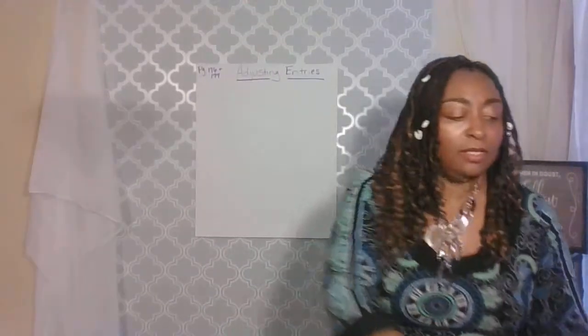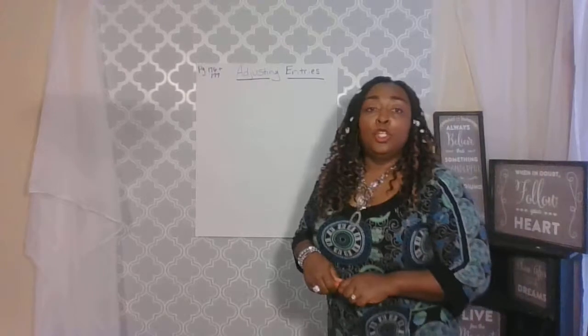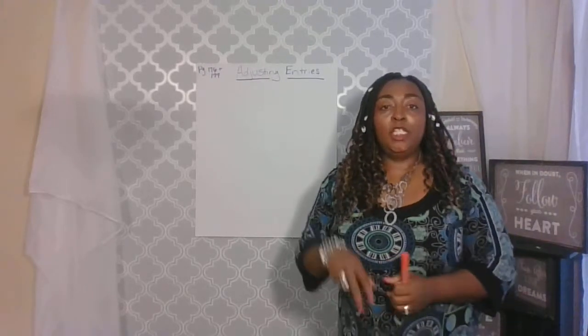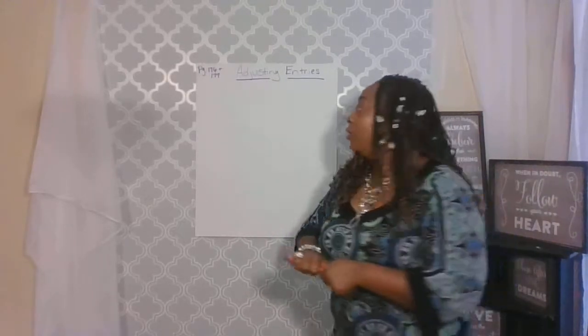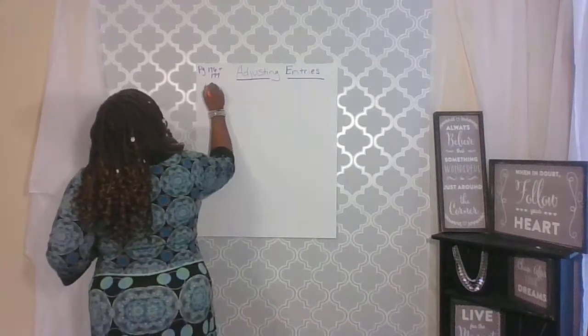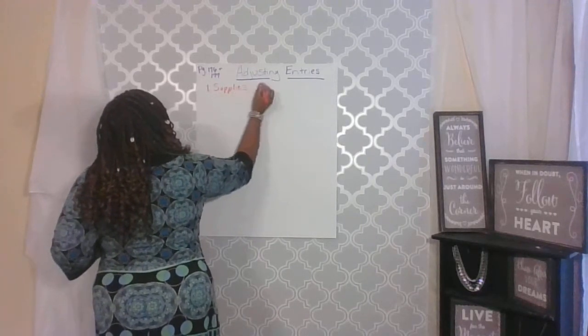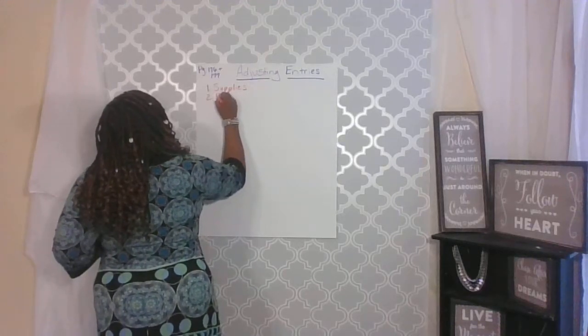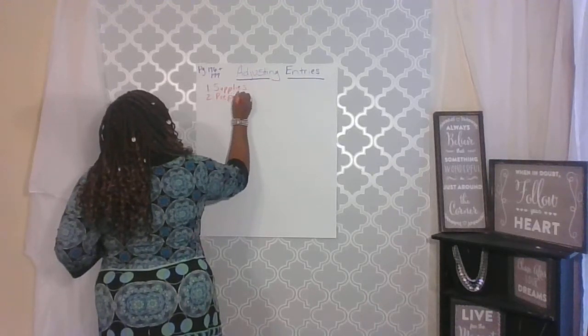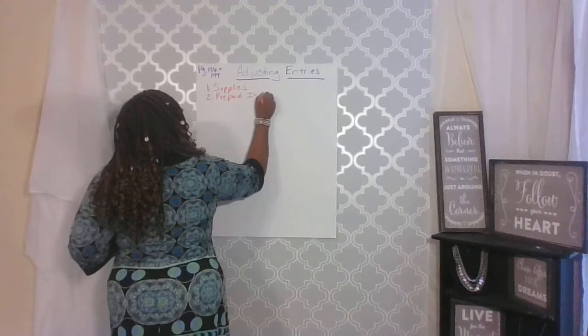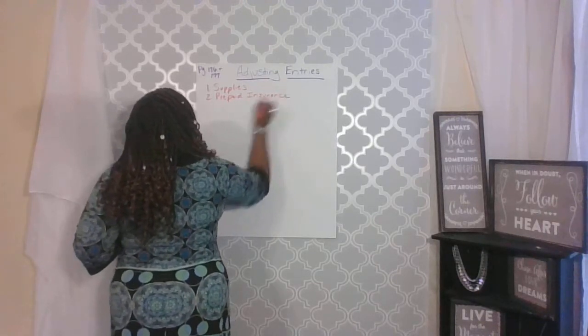All right, so this is how I start this concept. For adjusting entries, there are two accounts that we adjust. We adjust the supplies account and we adjust prepaid insurance.